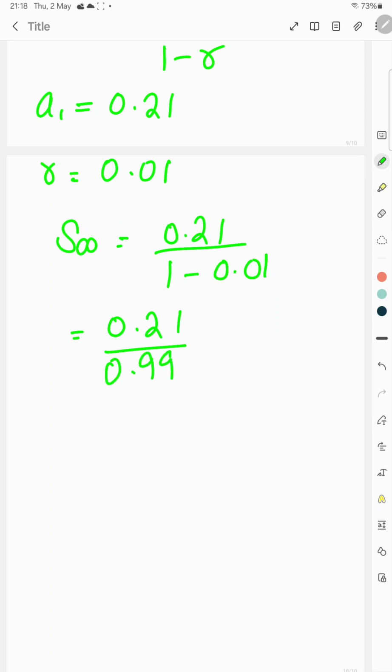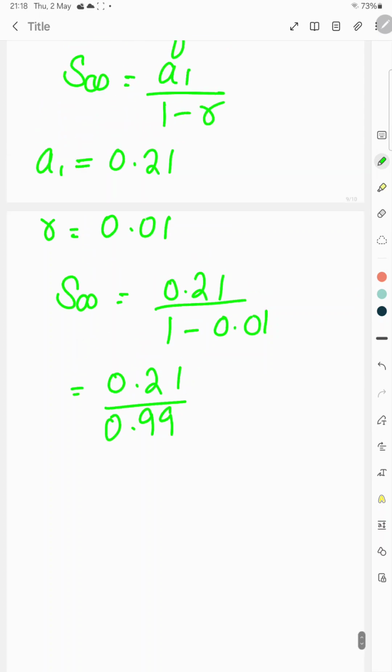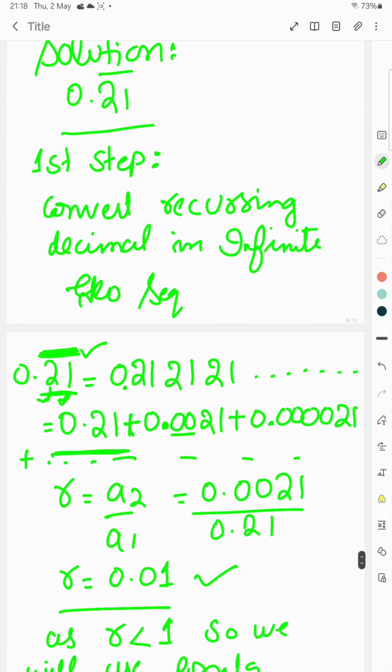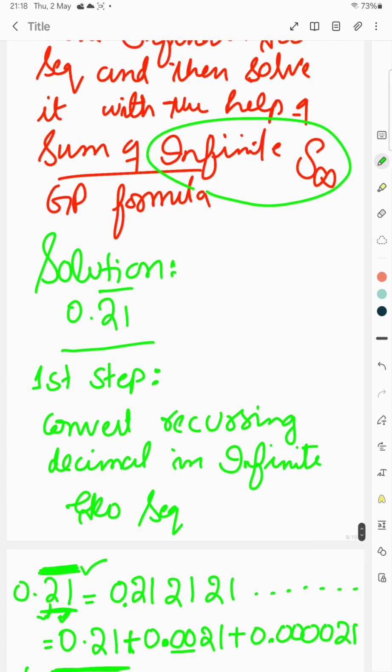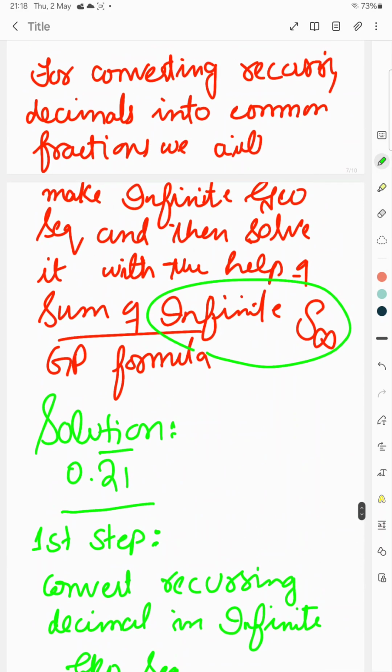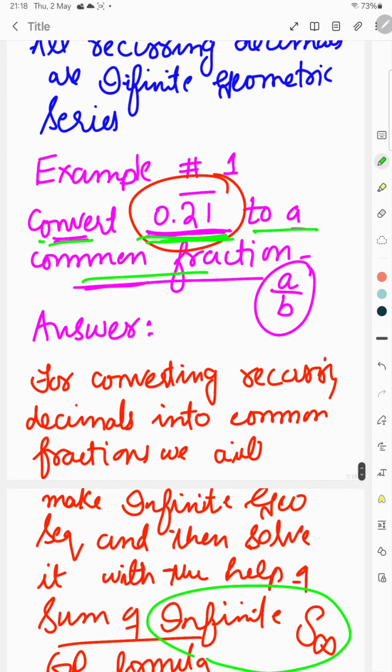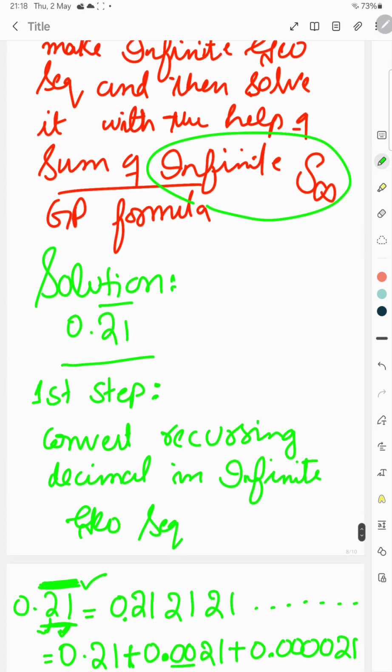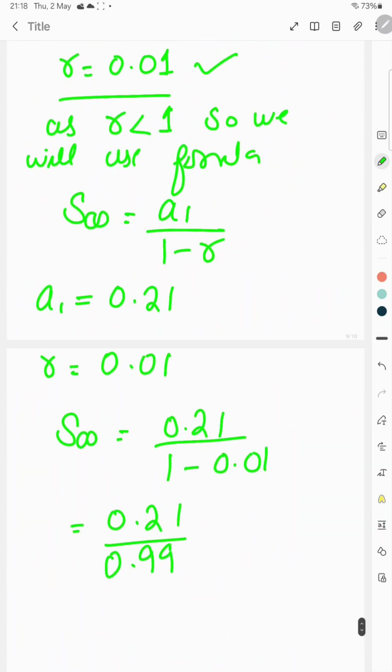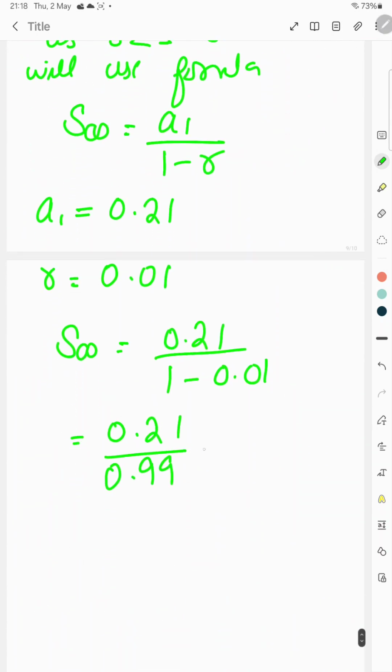Now students, I need my answer in fraction form, because in the question it is given to convert 0.21 to a common fraction. We have to convert this repeating decimal into a common fraction, that is a by b form. As my answer is in decimal form, I will convert it into fraction form.